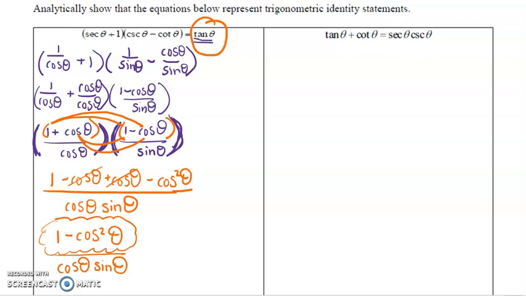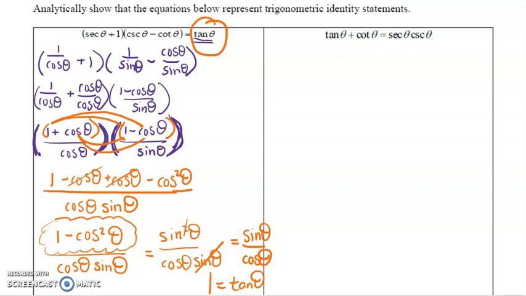That's a manipulation of our Pythagorean identity, and we can simplify it to sine squared. That's essential because if we have two sines up top being divided by one sine on the bottom, we can cancel a pair of those out, and we'll be left with one sine up top and a cosine on the bottom, which we know is equivalent to tangent, which is exactly what I wanted to prove.